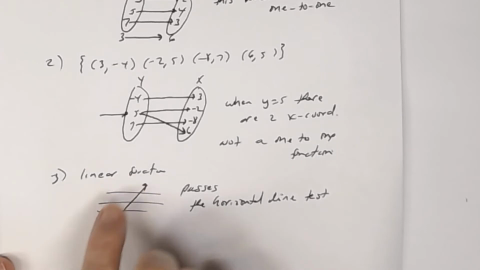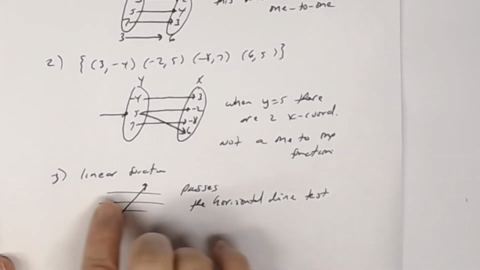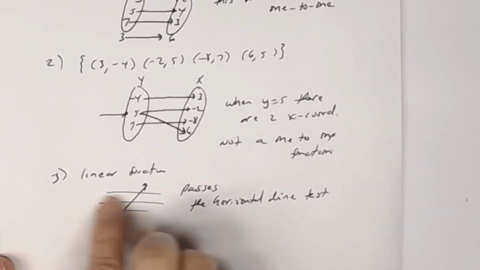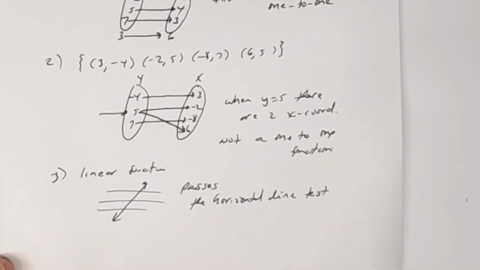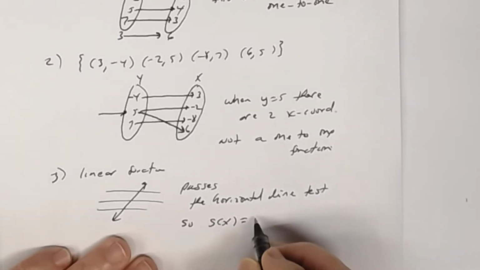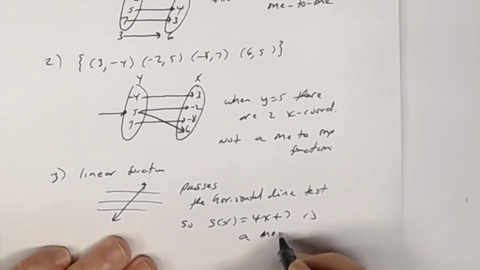So notice that this linear function has a positive slope, and it passes the horizontal line test. Even if it had a negative slope, it would still pass the horizontal line test. All right, so this is one-to-one. So g of x, which equals 4x plus 7, is a one-to-one function.